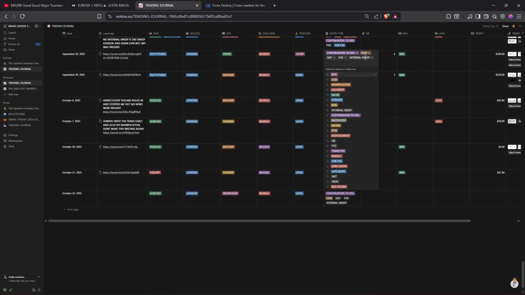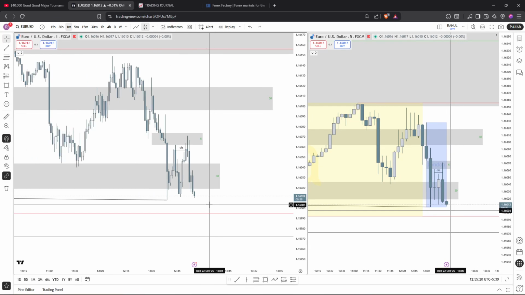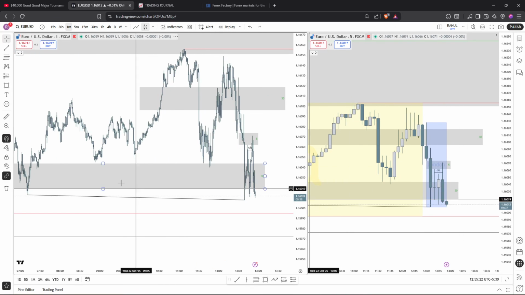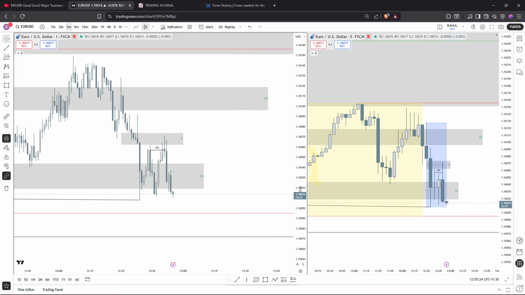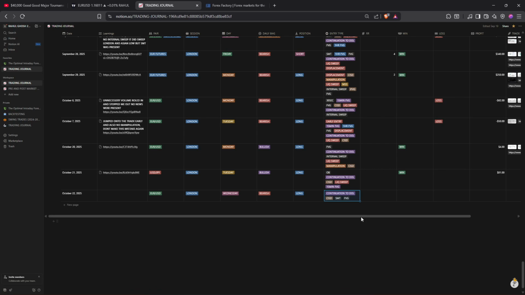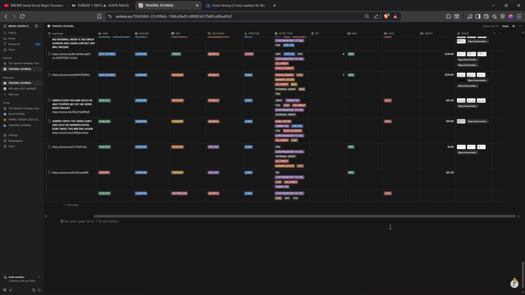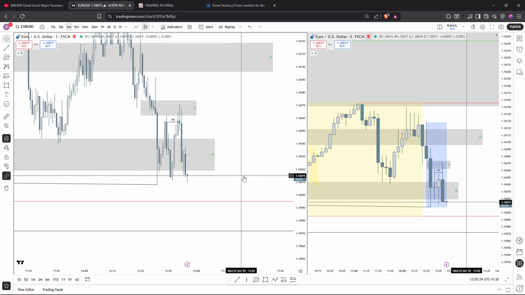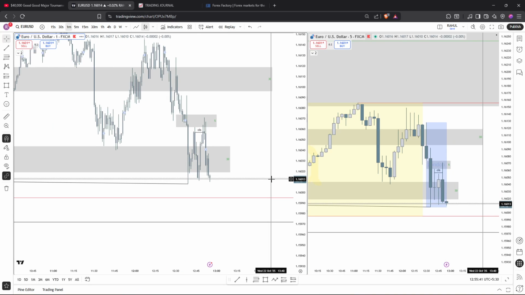No, there was no internal sweep. There was technically an internal sweep here. I don't think this will be considered as an internal sweep. I did get stopped out. Oh, so let me load this. So yeah, I'll pause the video here. Let's see what happens, and I'll update the video as it goes.